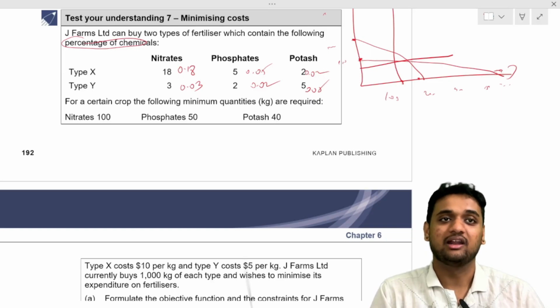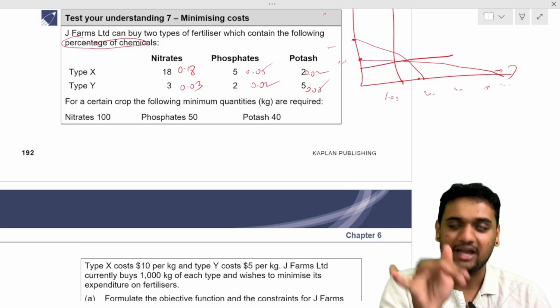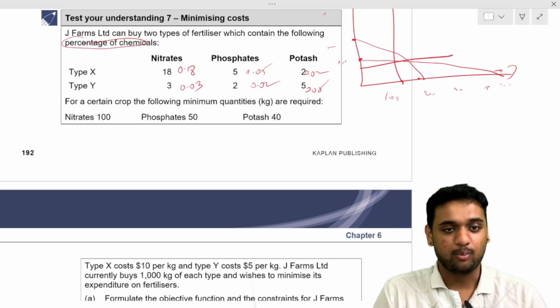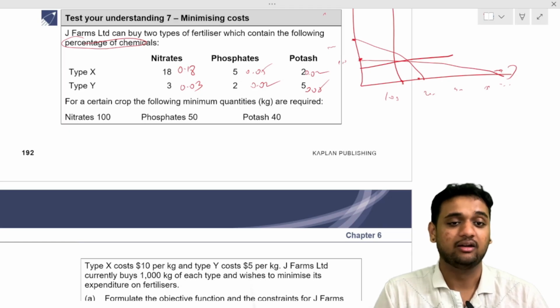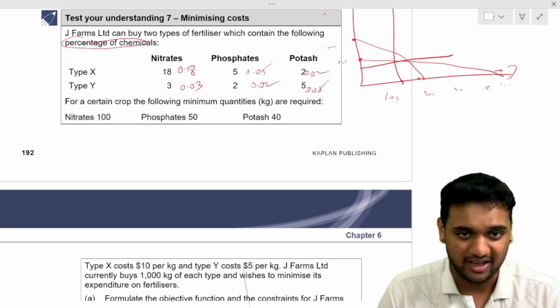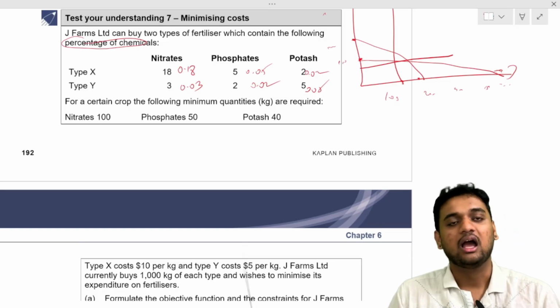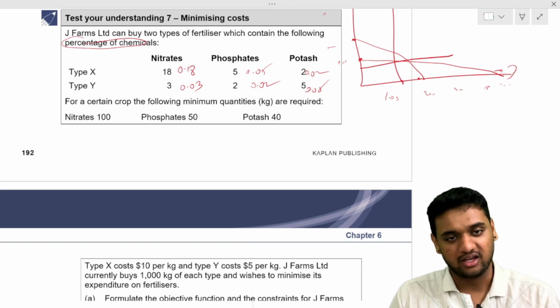So what did we put there? There we put less than or equal to. Here we have to put greater than or equal to 100 kg. So 0.18x plus 0.03y should be greater than or equal to 100. 0.05x plus 0.02y should be greater than or equal to 50. And 0.02x plus 0.05y should be greater than or equal to 40. These are the 3 equations.